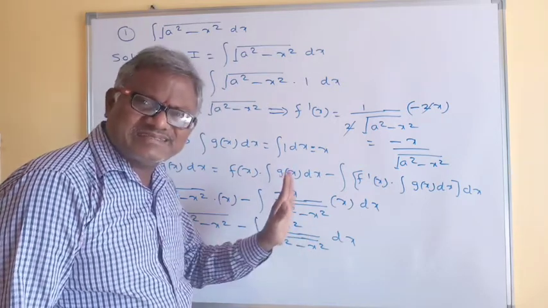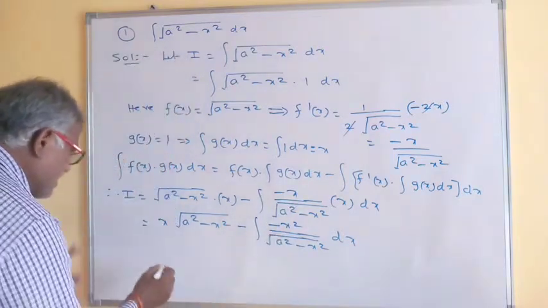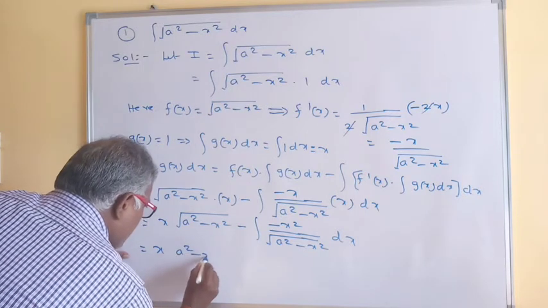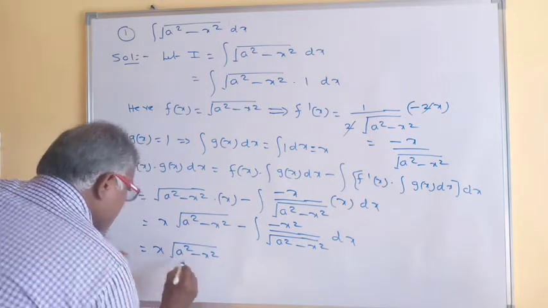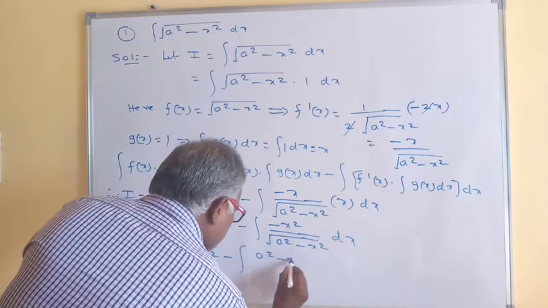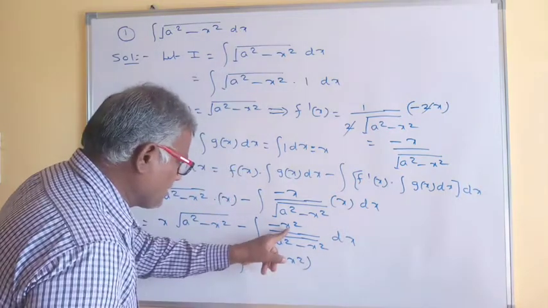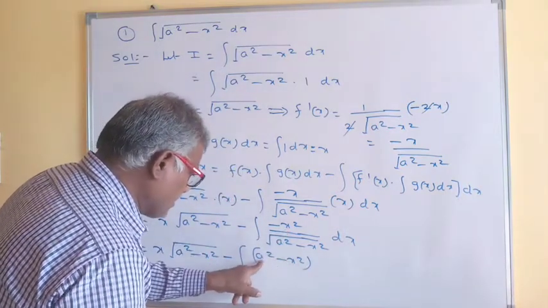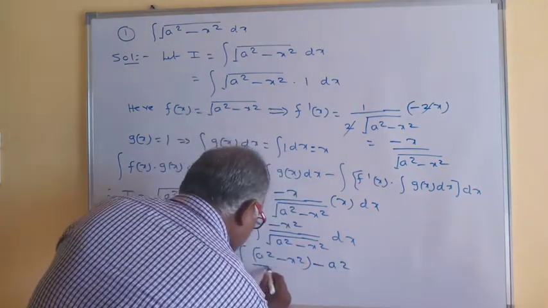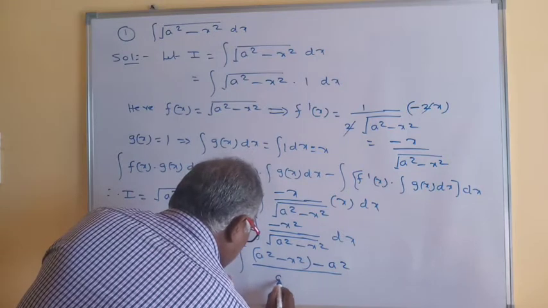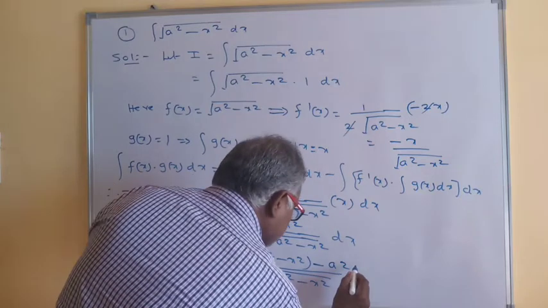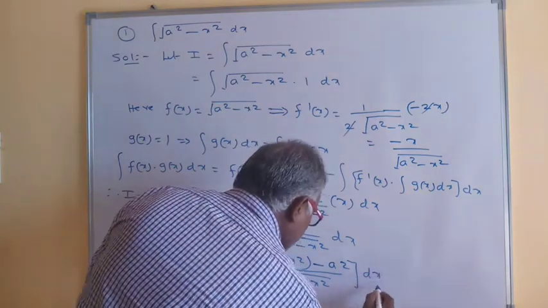So here x into root of a square minus x square minus the integral of a square minus x square, already minus x square is there, here only a square, adding and subtracting, by root of a square minus x square dx.